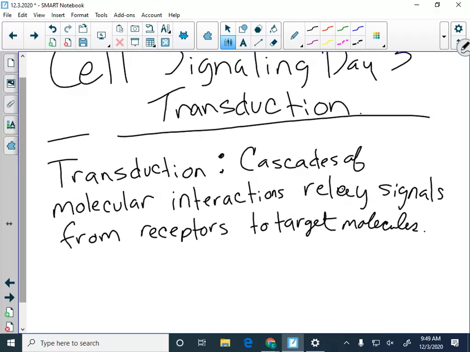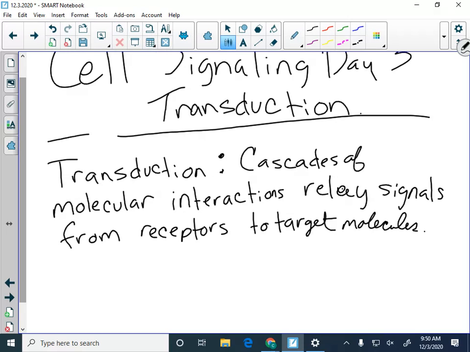So, if the light switch is a receptor and the light bulb is our target cell, transduction would be like the wires that carry the electricity from the light switch to the light bulb. So they just help the signal move from one place to another.